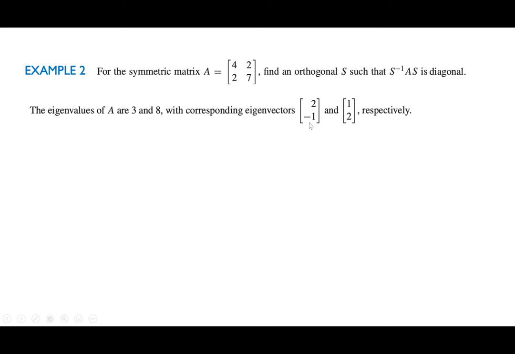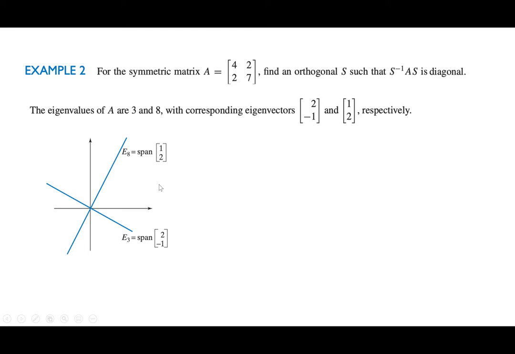And you've shown that these two are, in fact, orthogonal to each other. So our matrix A has these two eigenspaces, and these eigenspaces are orthogonal.